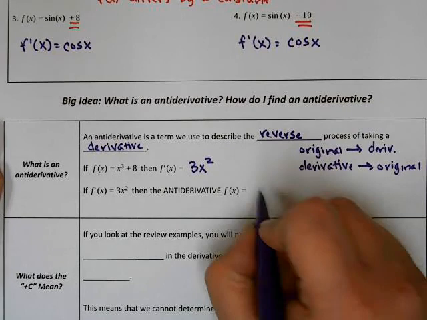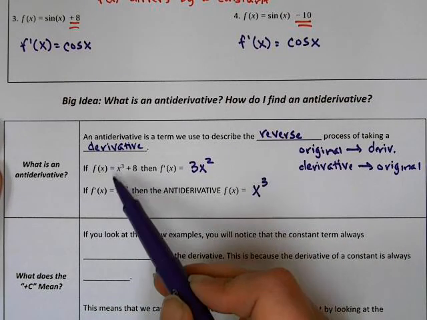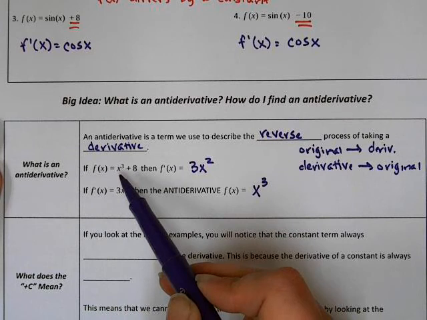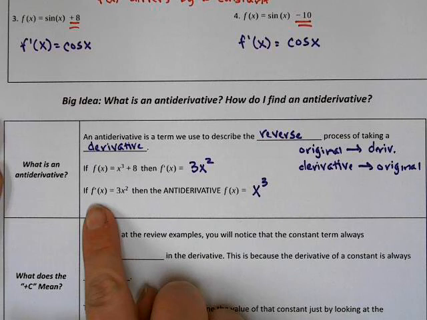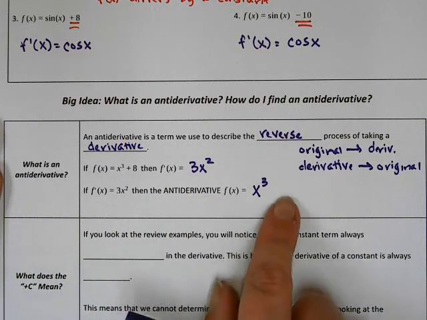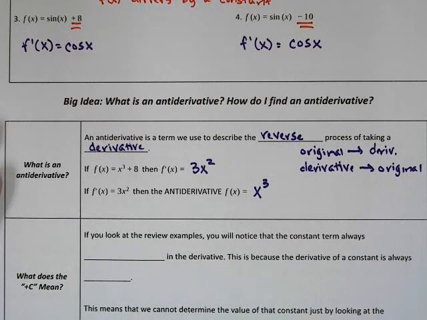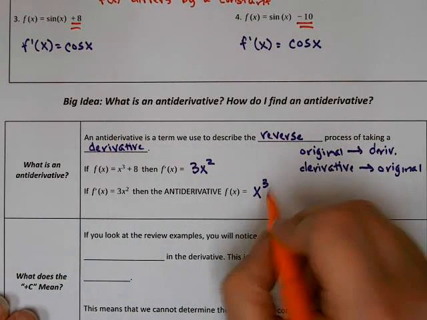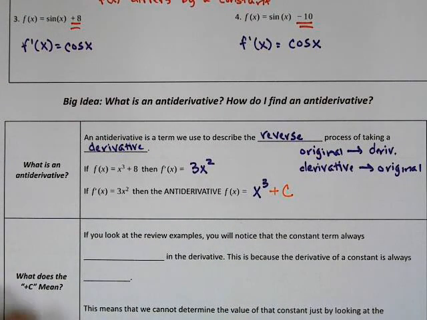The antiderivative is actually going to be x cubed, which is good, that's the x cubed right there. But then the problem is we know nothing else about our original function based on this information. So we don't know what this number is, but we do know that there needs to be some type of acknowledgement that there was a constant there. The way that we show that is by putting a plus c, and c just stands for any constant.